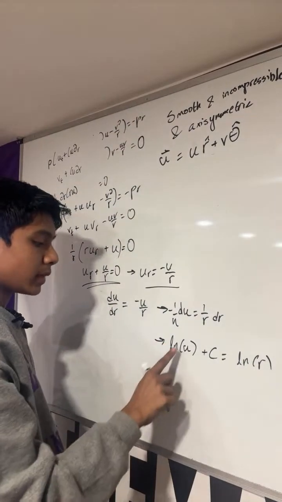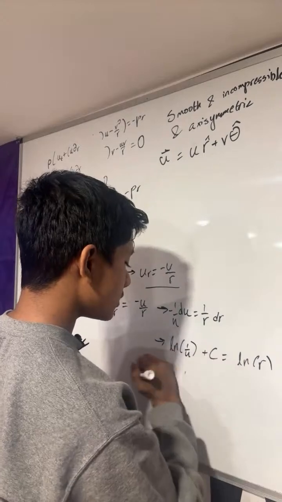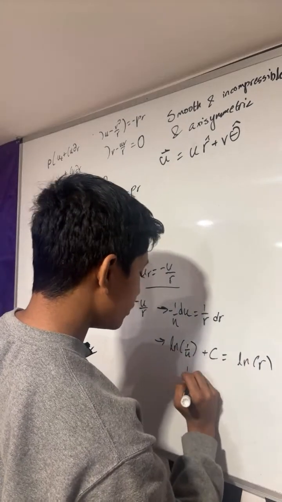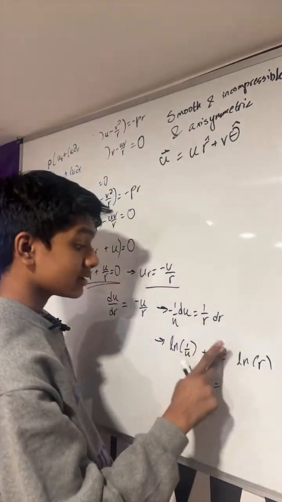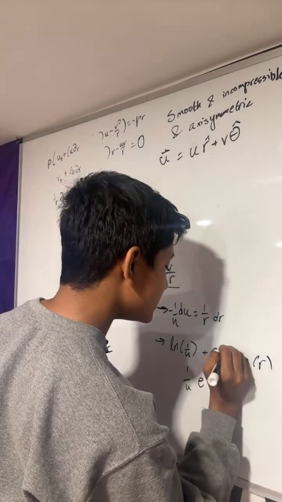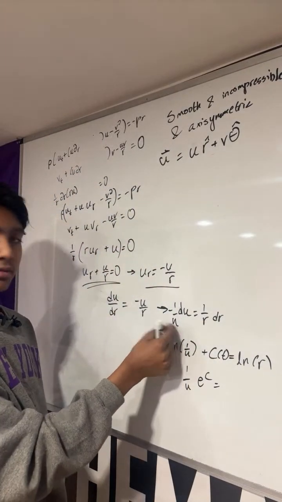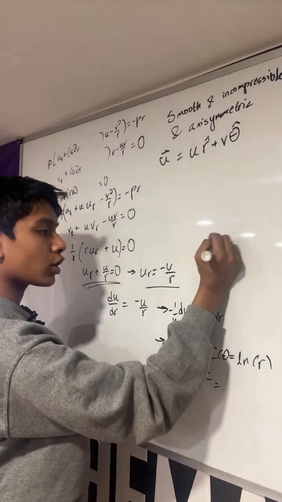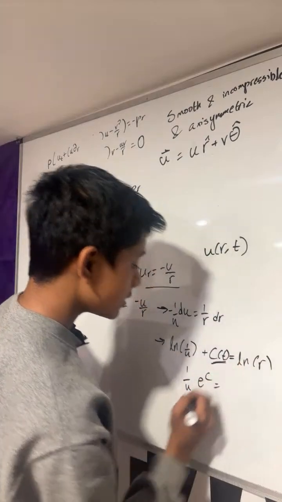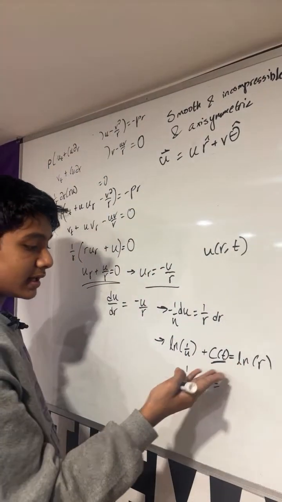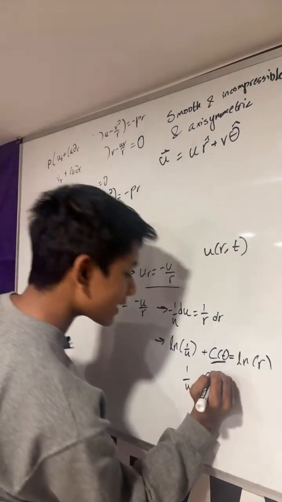Now remember that minus ln u is equivalent to ln 1 over u. So that gives you 1 over u times e to the c is equal to r, and remember, this is not just c, it's c of t, because you're integrating u, which is a function of both r and t, not just r. So this could be a function of t, and it would disappear when you took the derivative with respect to r, hence we have to add it back in.